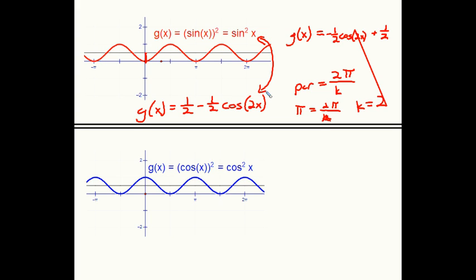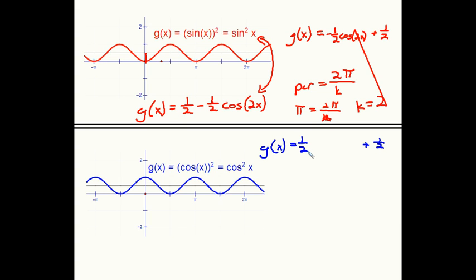Similarly, we can look at cosine squared. And writing the equation of cosine squared, here we see the graph of y, or g of x in this case, equals cosine squared. We still see that it's a cosine graph because it crosses the y-axis above the midline. So we could rewrite this g of x, it's up 1/2, so I'm going to make sure I add 1/2 to the end because it's moved up 1/2 because of this midline. Its amplitude is 1/2.